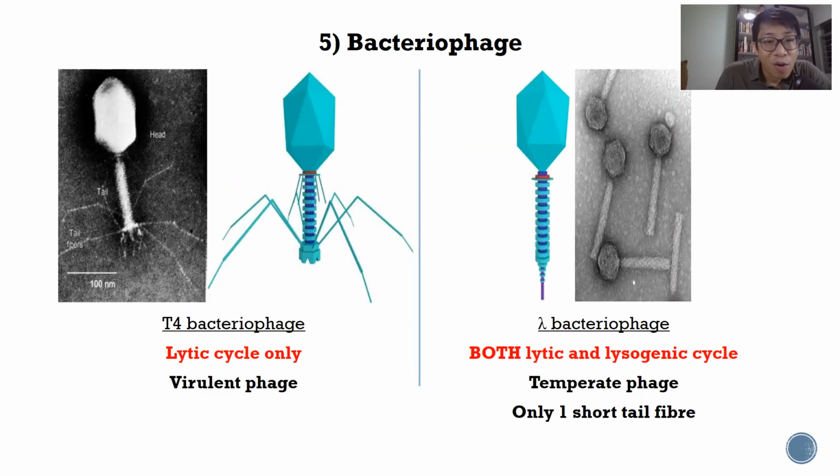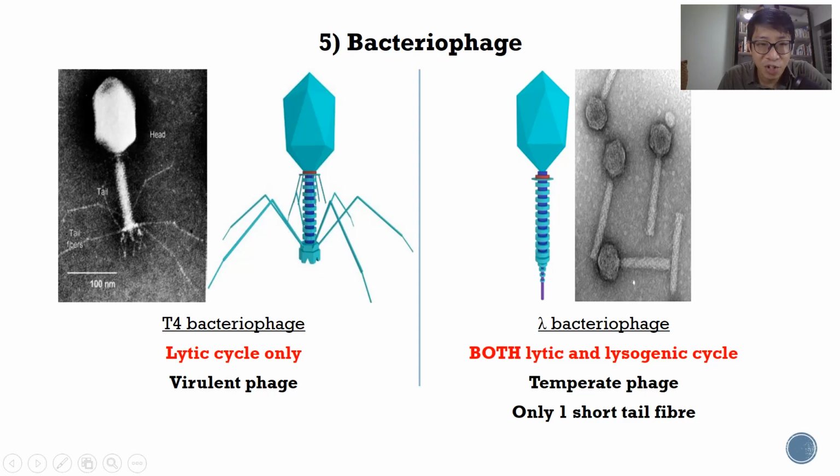Okay, so in your syllabus, you are introduced to two types of bacteriophages, right? The T4 bacteriophage, which reproduces by lytic cycle, and it is known as a virulent phage, and also the lambda bacteriophage, which reproduces by both lytic and lysogenic cycles. It is known as a temperate phage, all right?